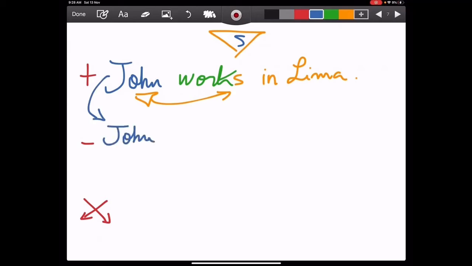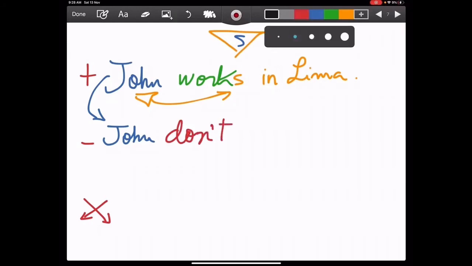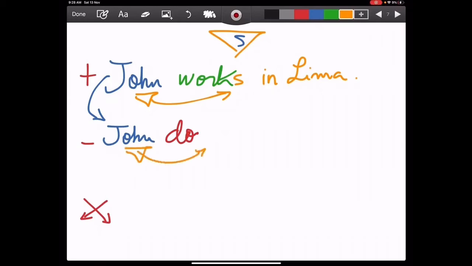When I change this sentence into negative, remember, I need to respect the rule of the S. It's not John don't, it's John doesn't. Why? Because John is part of the singular subject. He, in that case, we say doesn't. Never use don't. Don't is for I, you, we, and they. For singular subjects, for example, John, we say does not.